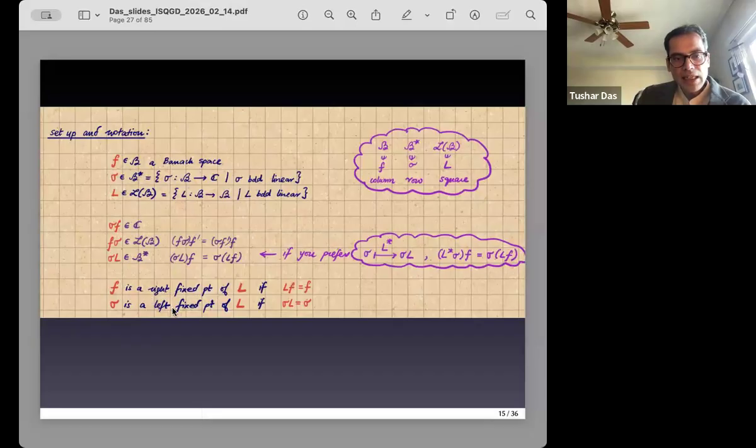I'll also be needing the idea of fixed points. So f is going to be called a right fixed point of L if L of f equals f. And similarly, sigma will be called a left fixed point of L if sigma L equals sigma. So this is basically saying you're either a fixed point of the operator or a fixed point of its dual.